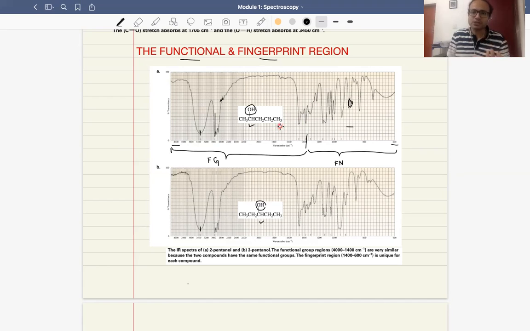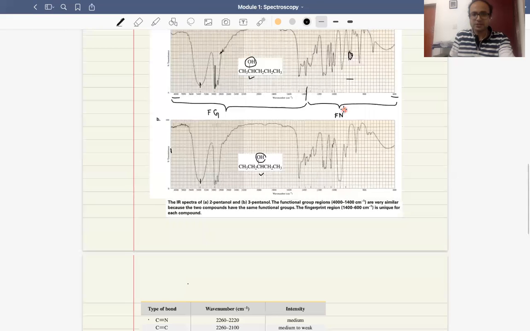Some of them are pretty strong, intense peaks, some are of mid-range intensity, and some have a very low intensity. Now, what is the basis, on which factor is this intensity dependent, is what we are going to look into in today's video.